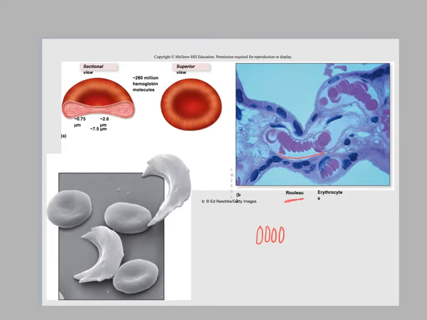That's a rouleau right there. Okay? Relationship of structure and function. Are we clear with that? So now, if you end up changing the structure of the red blood cell, what happens to its function?